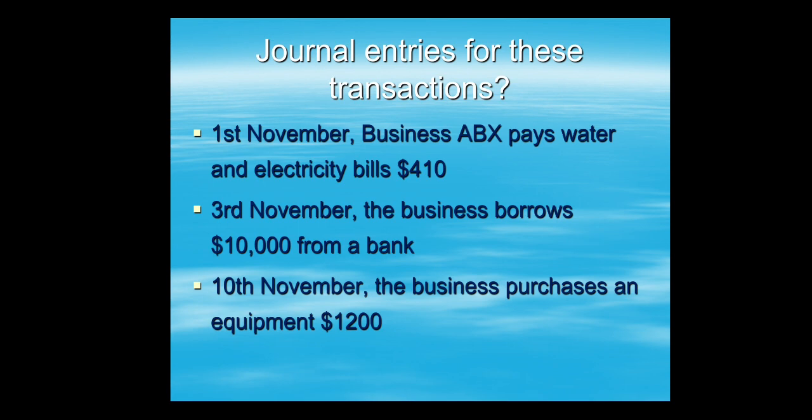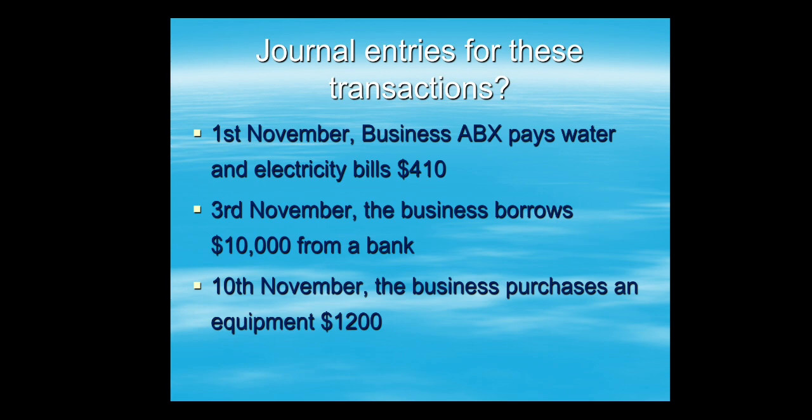Now, second thing, what is the effect of this transaction on the accounting equation? What is the effect on asset first? When the business pays $410 cash, it is a cash out. So the asset, cash, decreases $410. And then what is the effect on the liability? There is no effect on the liability because the business does not owe anybody. And then what is the effect on the equity?